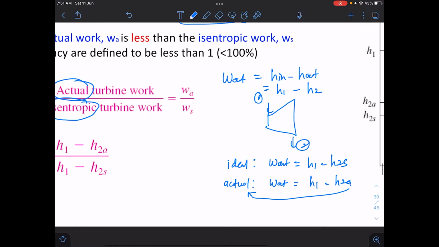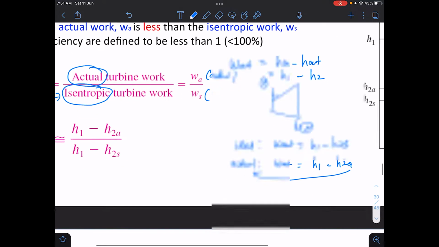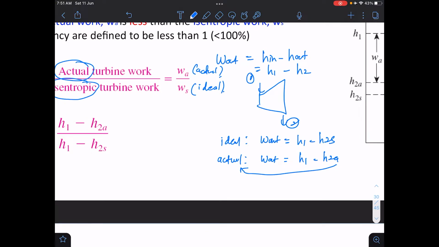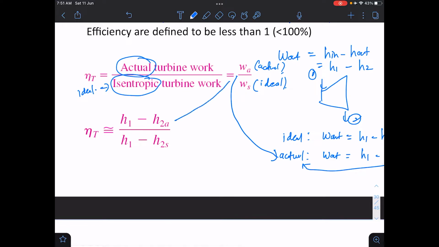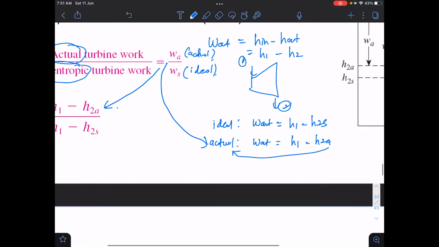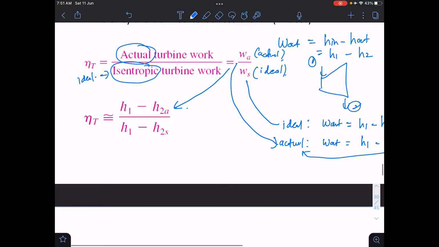So W_A here represents the actual one, and S represents isentropic or ideal. When we replace that value, the actual work out is equal to H1 minus H2A, which is here, while the ideal one corresponds to H1 minus H2S, which is this value.